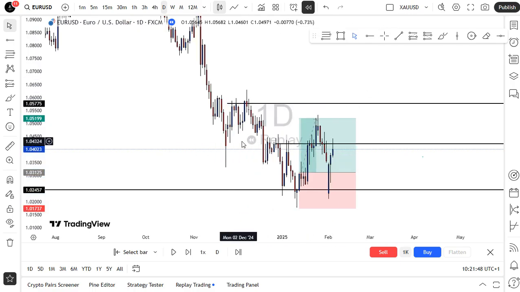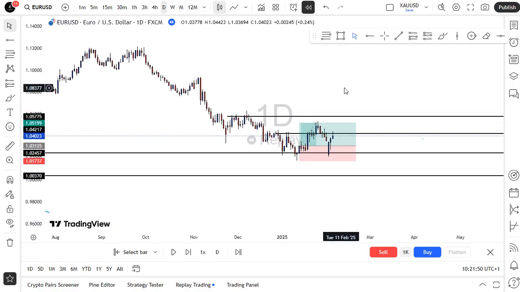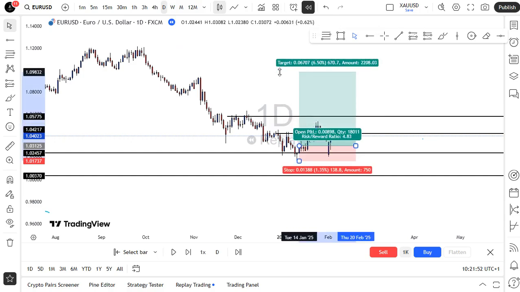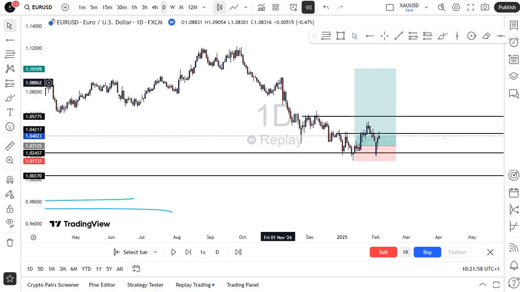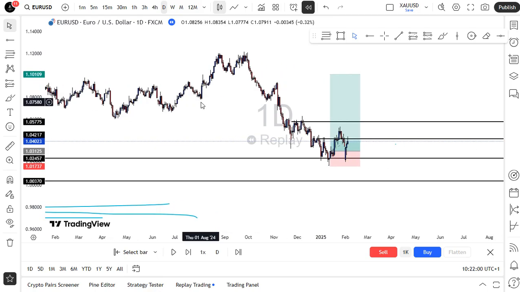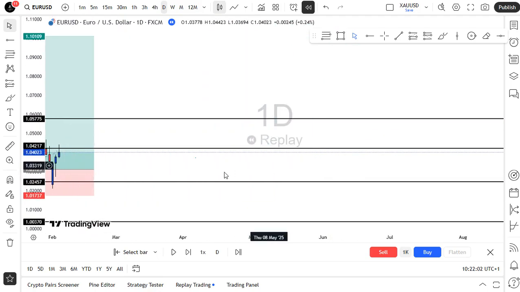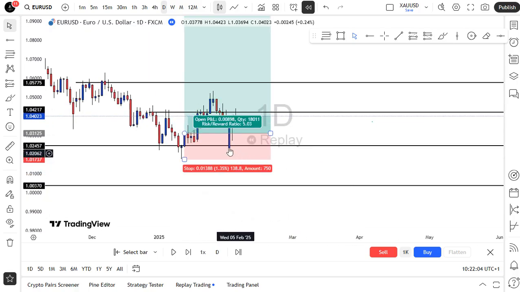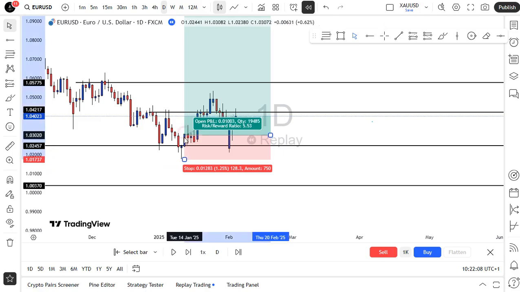Okay. Then place my targets here. But sometimes you could say, I want to place my entry here, and you might miss the trade.